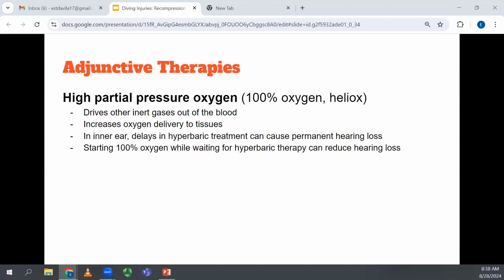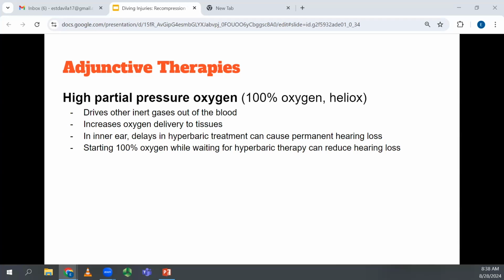Another adjunctive therapy that's pretty commonly accepted, it seems, is high pressure oxygen, so like 100% FiO2, or you could use Heliox. In theory, this drives other inert gases like nitrogen out of the bloodstream, and it also increases oxygen delivery back into the tissues that are a little bit ischemic because they're not getting proper blood flow. One use of this that is widely accepted, though I don't know if it's evidence driven, is for hearing loss from inner ear DCS.